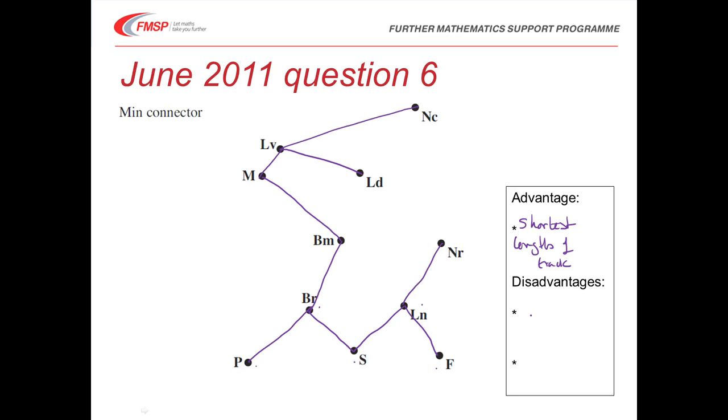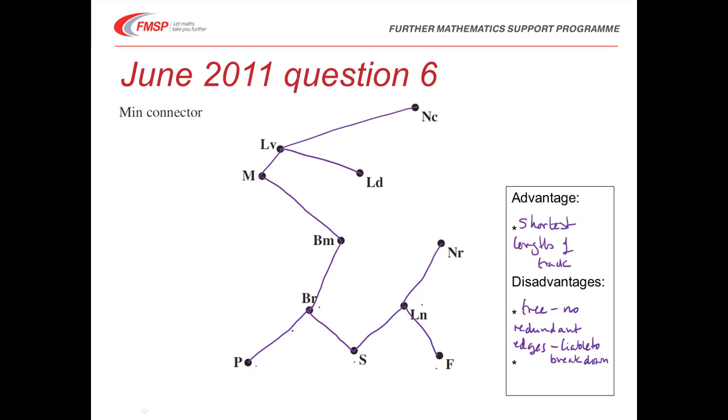However, in terms of disadvantages, one of those is because it's a tree, there's no redundant edges. In other words, if a line breaks down or a tree blocks that railway line, there's no other way of getting from a town to another town. So it's sort of, what shall I say, liable to break down. What about another disadvantage?